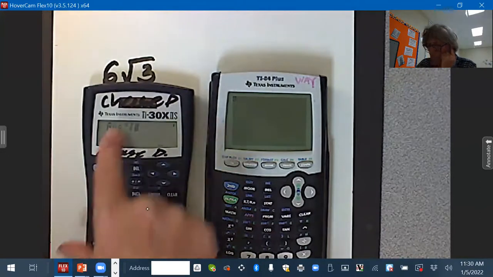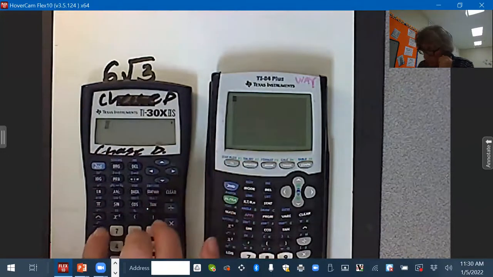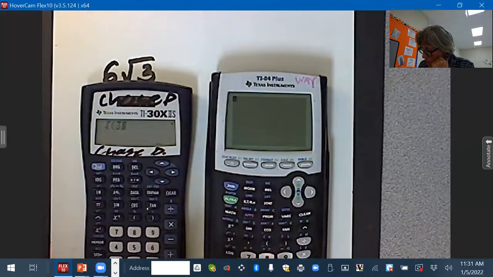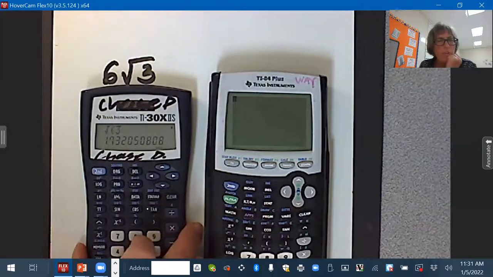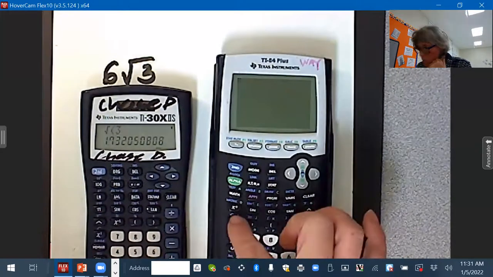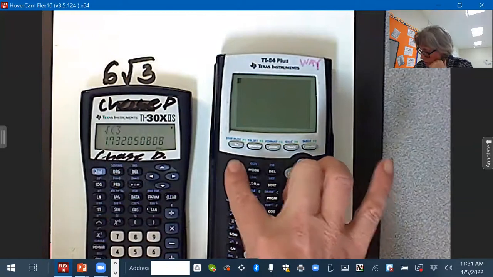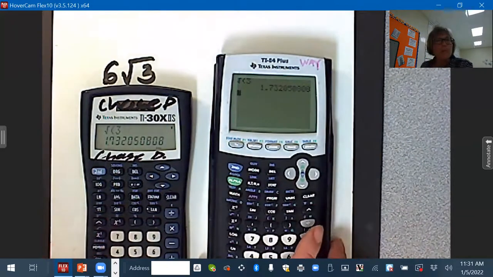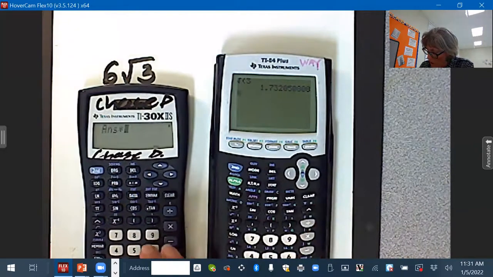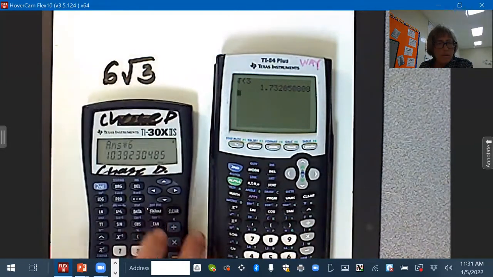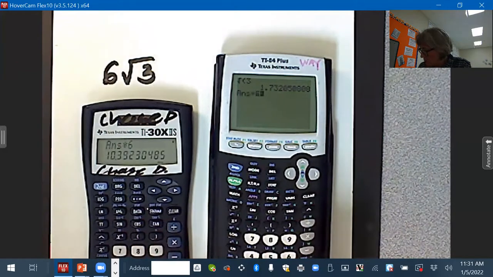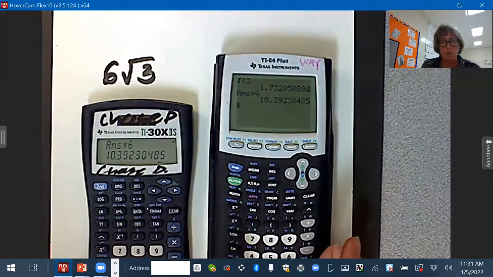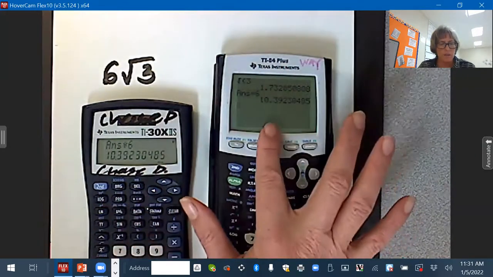So second function, the square root button's right there. So we get square root of 3, enter. And we get that on this one. Second function square root 3. Okay, that's square root 3 times by 6. We get the same number, 6 root 3. That's 6 root 3 as a decimal.